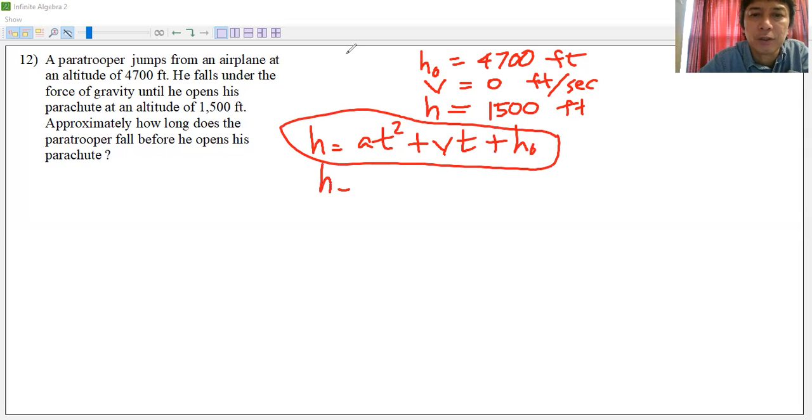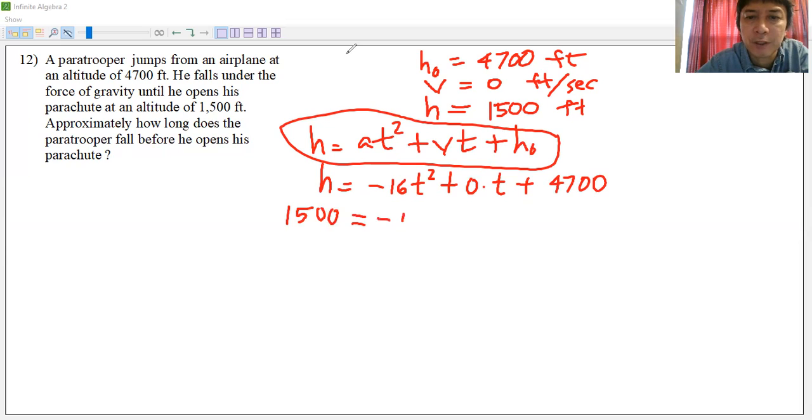And so we have h is equal to negative 16 t squared plus 0 velocity times time plus 4,700 feet. Now, we also know the height is 1,500. So this is 1,500 equals negative 16 t squared plus 4,700.